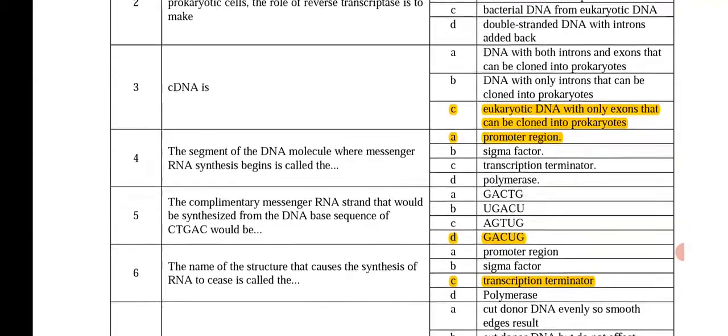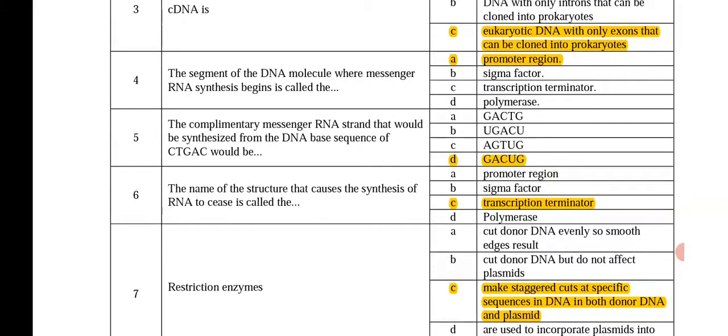The complementary messenger RNA strand that would be synthesized from the DNA base sequence of CTGAC would be GACUG. The name of the structure that causes the synthesis of RNA to cease is called the transcription terminator.